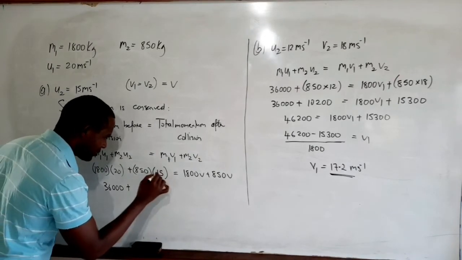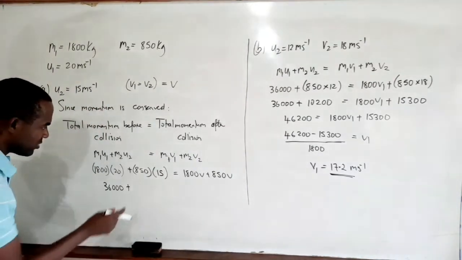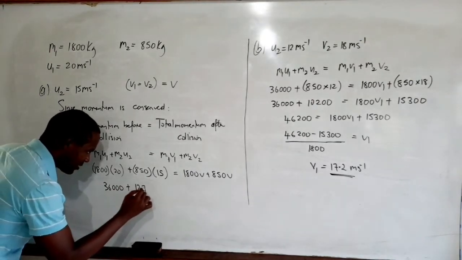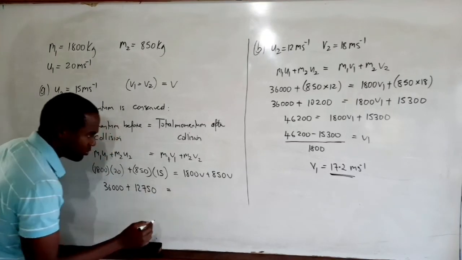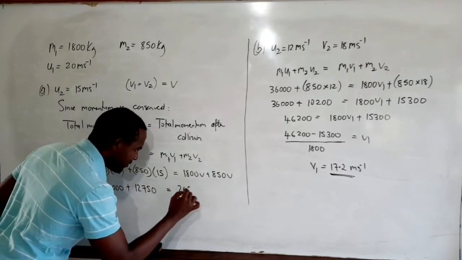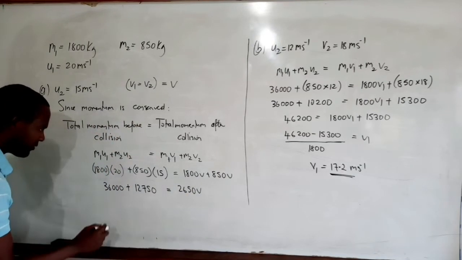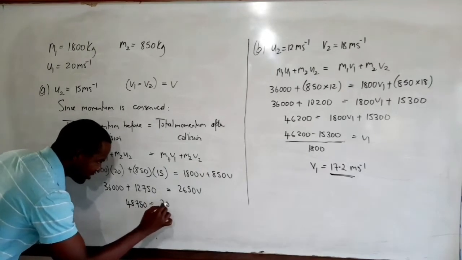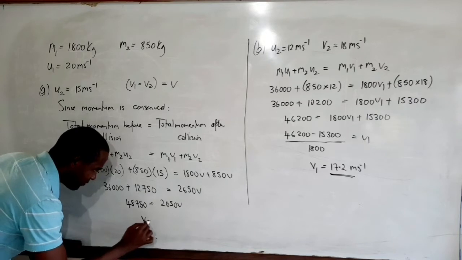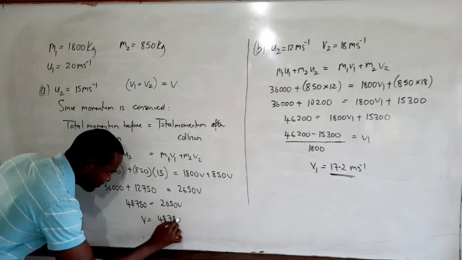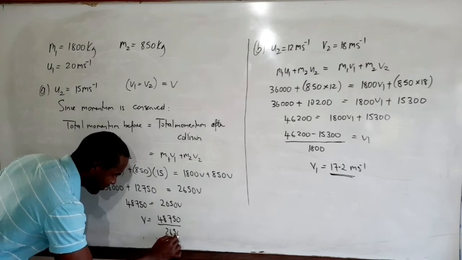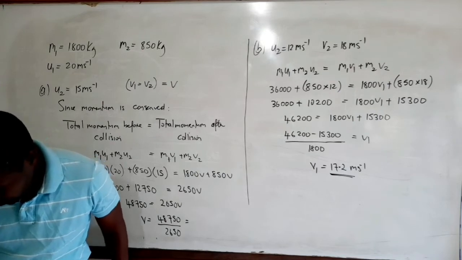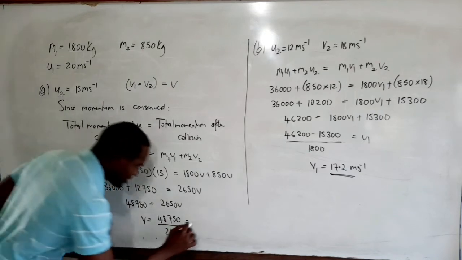So 850 times 15 is 8,500 plus 4,250, that's 12,750, and this is equal to 2650 times V. And so we get 48,750 is equal to 2650V, and therefore V is equal to 48,750 divided by 2650, and this should give us 18.4 meters per second.